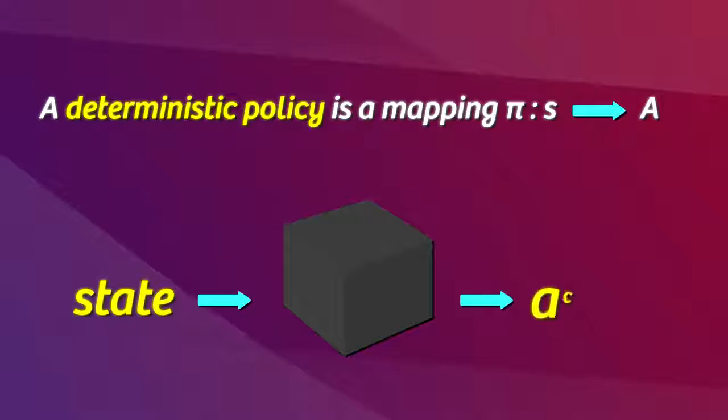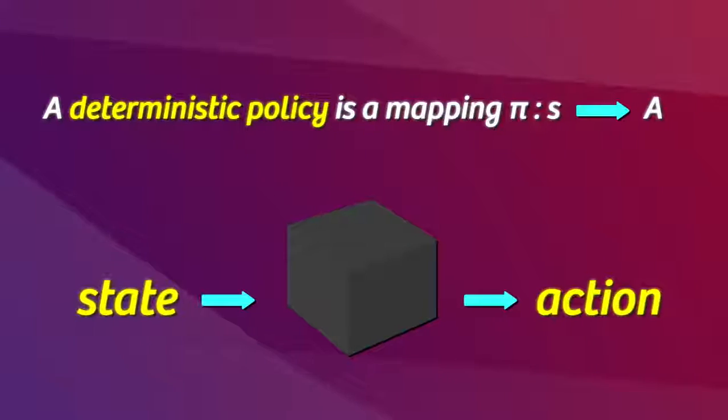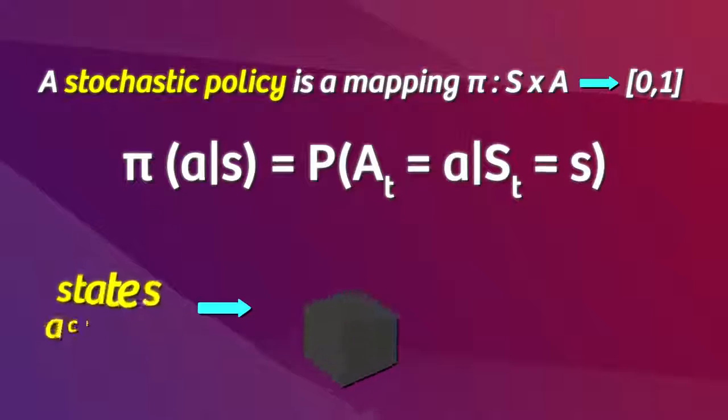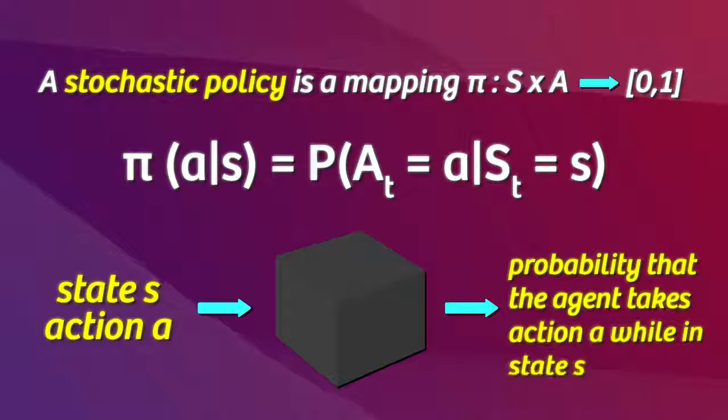We can call this kind of policy deterministic, since the action it will take entirely depends on its input, which is the state. In contrast, a stochastic policy will let the agent choose actions randomly. We can define a stochastic policy as a mapping that accepts an environment state S and action A, then returns the probability that the agent takes action A while in state S. The most common way to denote the policy, by the way, is by using the Greek letter pi.